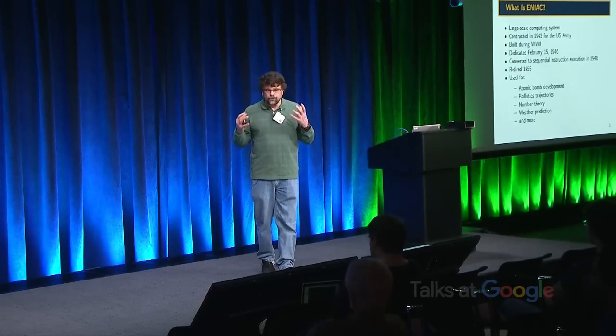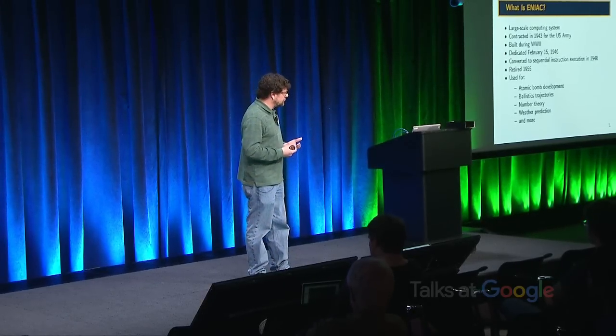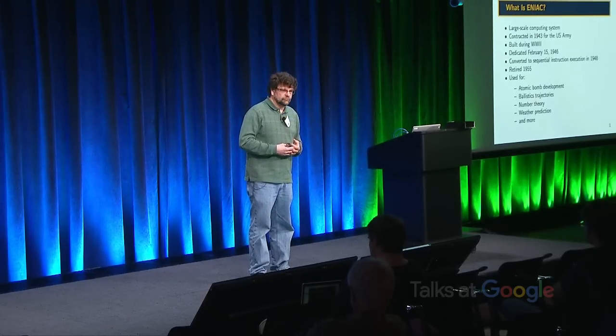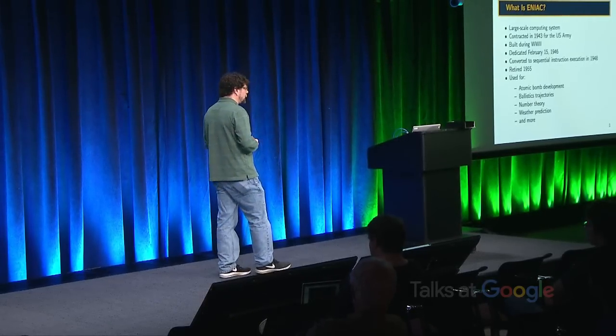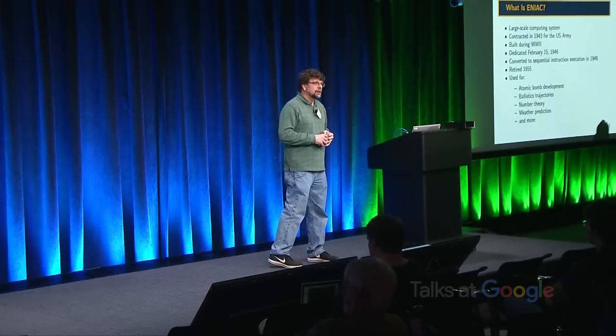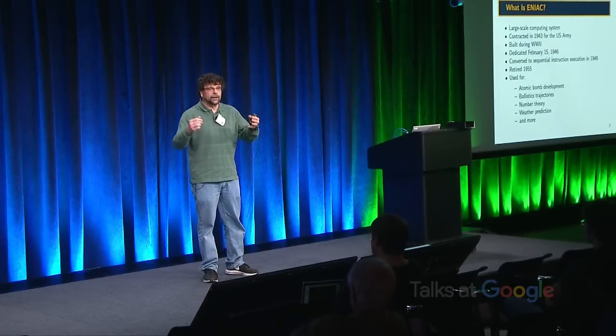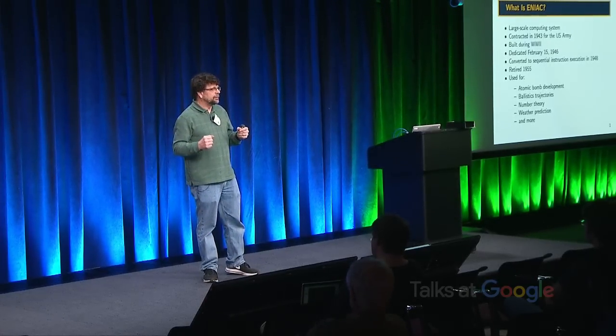One of the interesting points about it that a lot of people will make is that you couldn't program it the way we're used to programming modern computers. You had to rewire the machine to program it. And that was true as it was initially built. But here's the thing. If I can wire a solution to any problem, why can't I wire a solution to the problem of being a CPU?